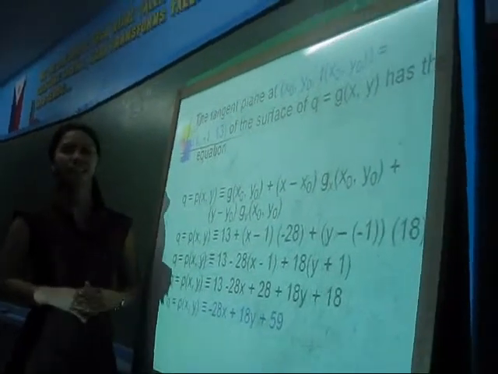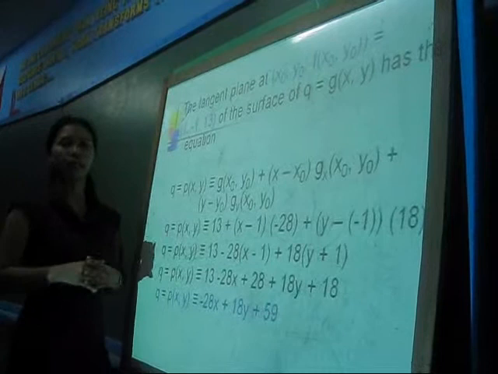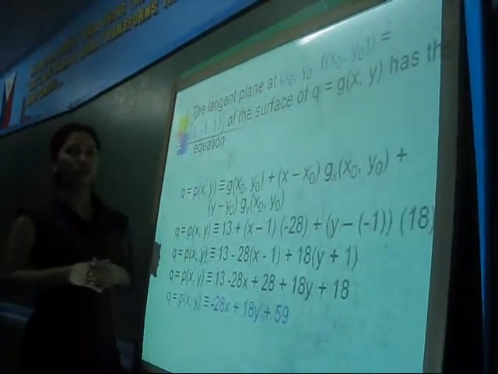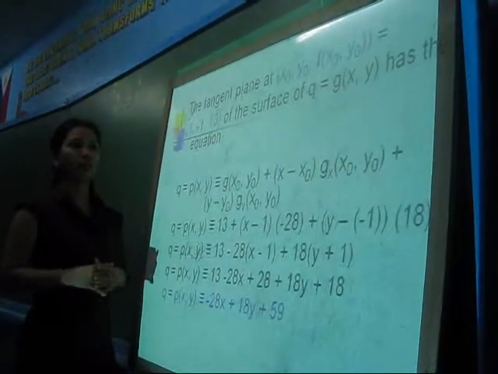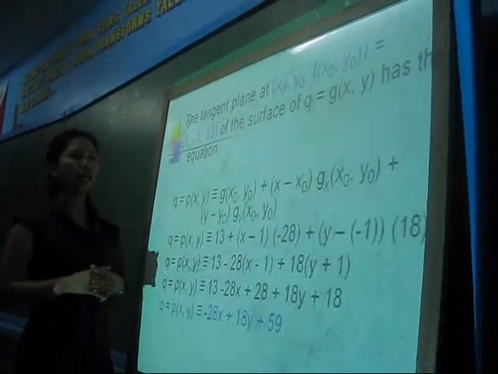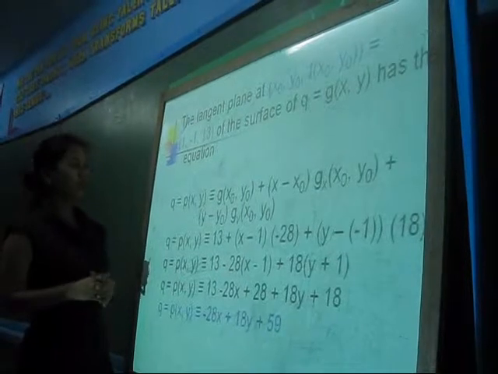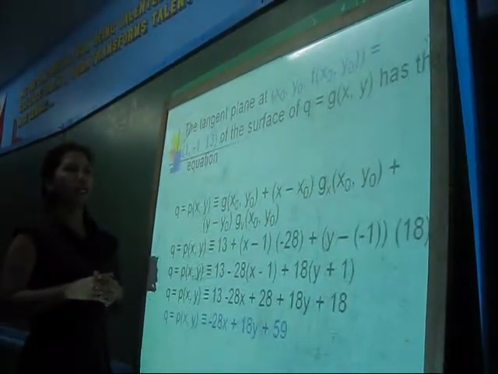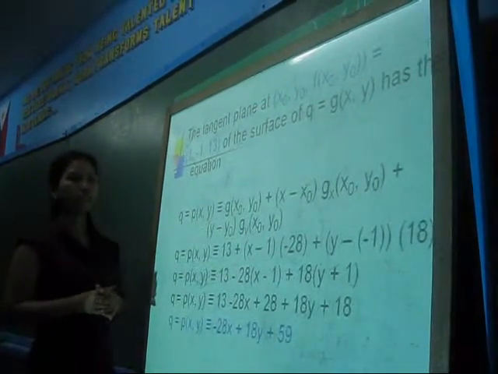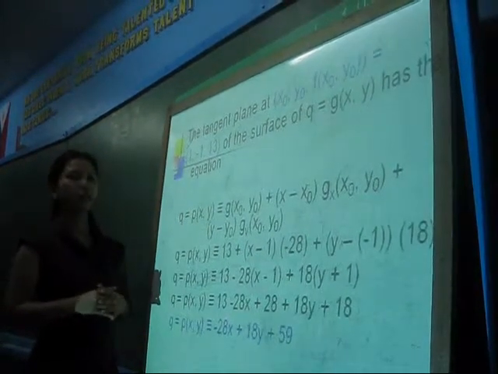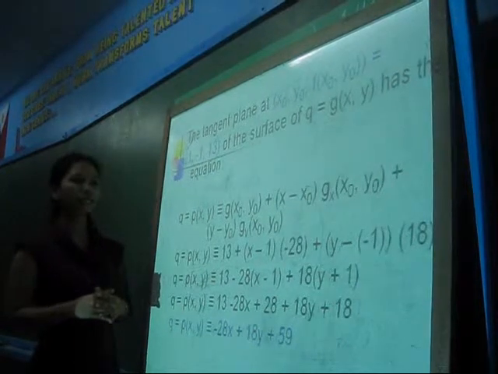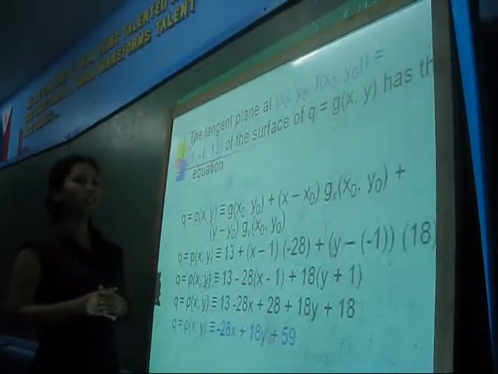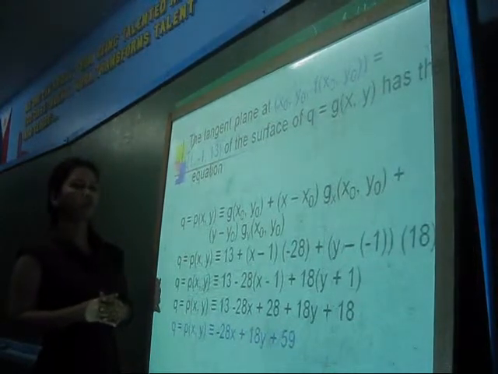The tangent plane at x sub 0, y sub 0, g of x sub 0, y sub 0, which is 1, negative 1, and 13, of the surface q equals g of x and y, has the equation q equals p of x and y, which is identical to g of x sub 0, y sub 0 plus x minus x sub 0 times g sub x of x sub 0, y sub 0 plus y minus y sub 0 times g sub y of x sub 0, y sub 0.